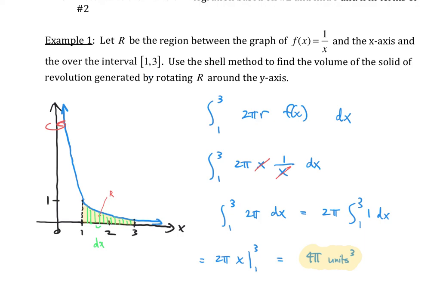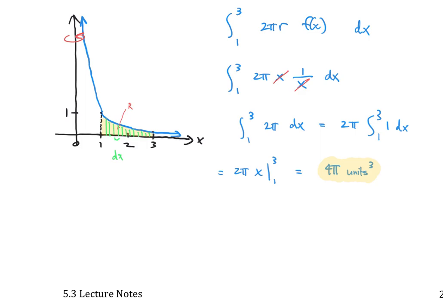Maybe I'll include an extra picture. So if we imagine that we're working with this particular shell right here, I don't know if you can see that, I was just shading in this shell right there. Then when I reproduce this, the picture looks like this. Here's my shell, it kind of comes all the way around.